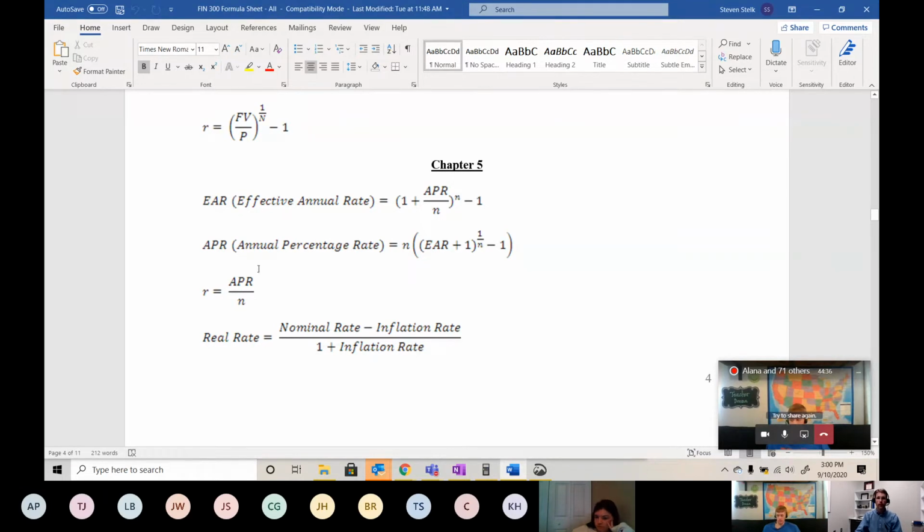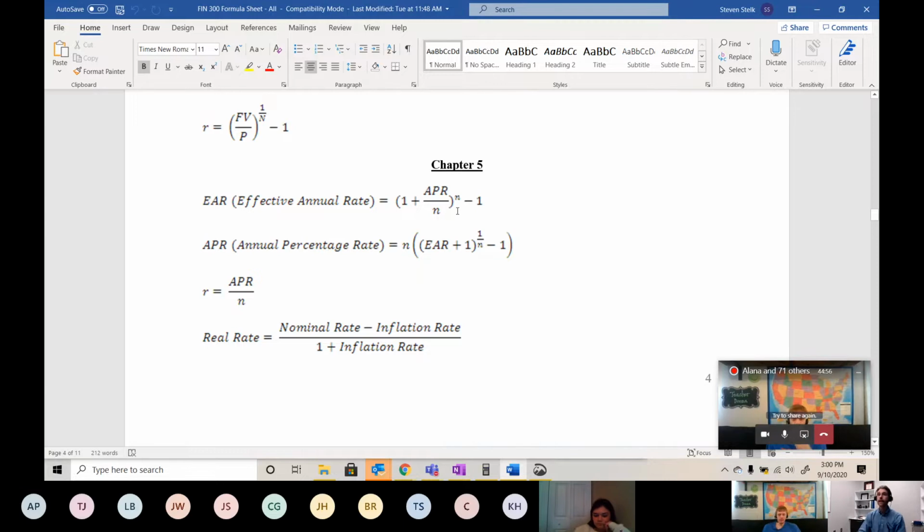One thing I wanted to point out though, in the formulas here, you can see little r as APR over N. N is in November, and I've been writing M as in Mike in your notes. That's not a mistake on my part. These formulas on your formula sheet are copied from the text. They use N throughout the text, and I think that's unnecessarily confusing.